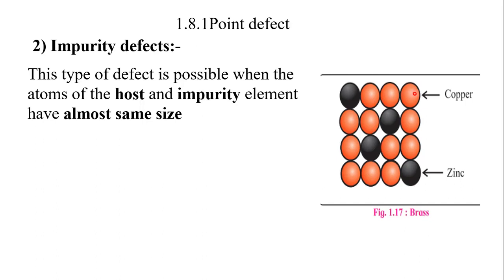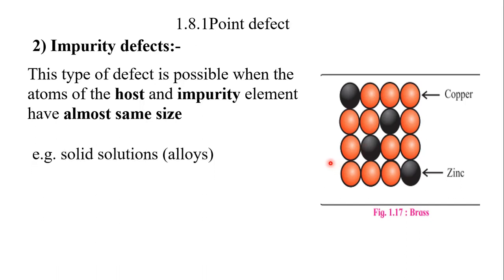And if you observe the size of this zinc atom, it is nearly the same. The size of the zinc atom and the size of the copper atom is nearly the same in this picture. So this defect is possible when atoms of the host element and impurity element have almost the same atomic size.